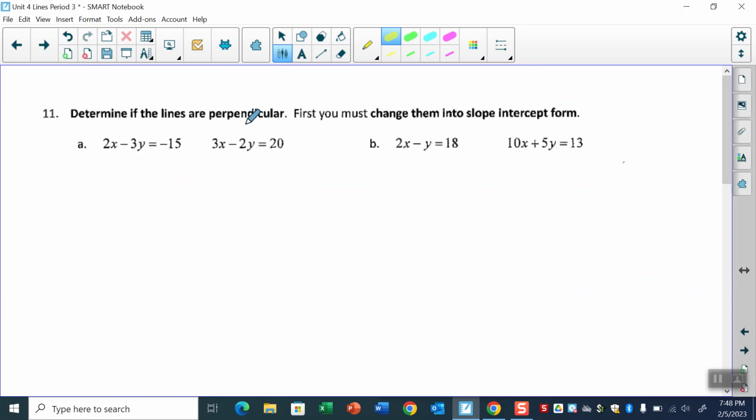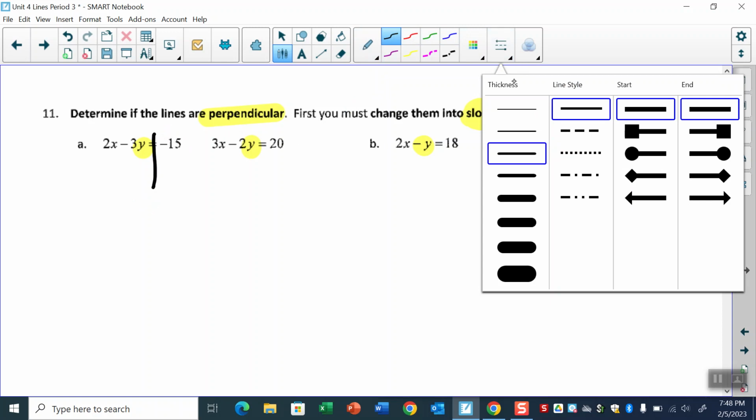Determine if they're perpendicular. Again, if we're looking for perpendicular, what we care about is the slope. And so we want to get the y by itself. In all of these, we want to get the y by itself. So hopefully we are getting good at this, right? No worries. We're just going to minus 2x on both sides.